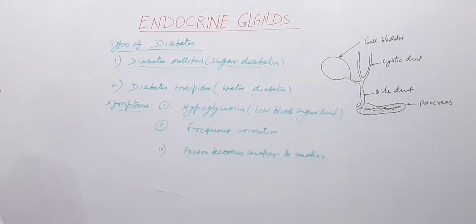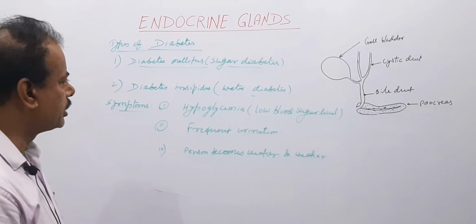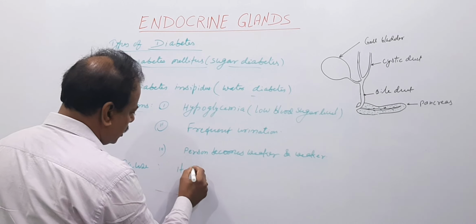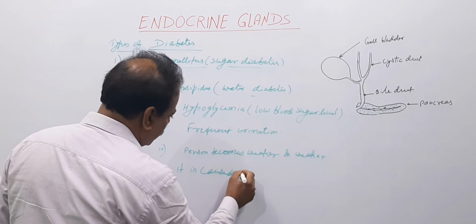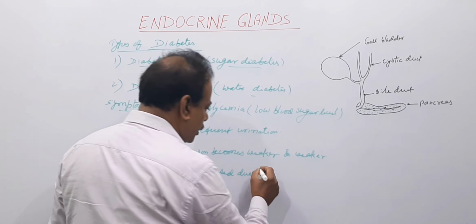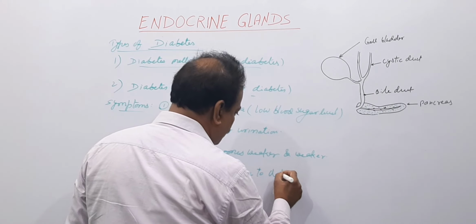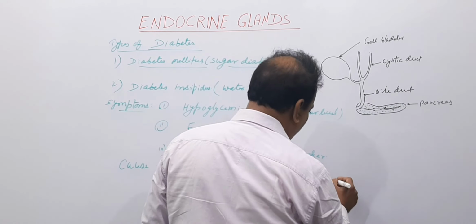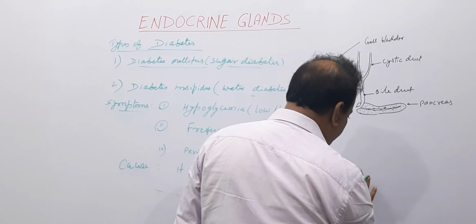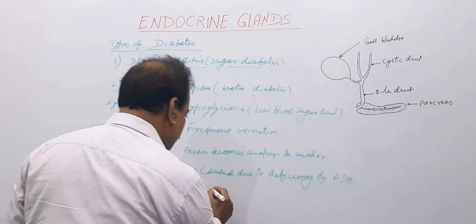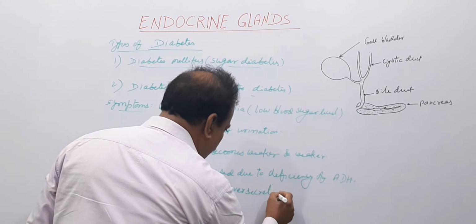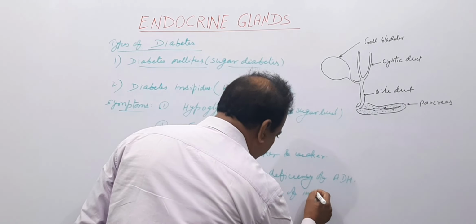So these three are the important symptoms of diabetes insipidus. It is caused due to deficiency of ADH or some oversecretion of insulin.